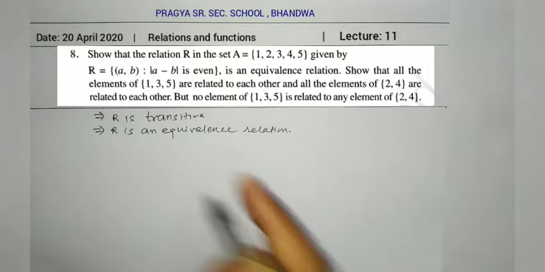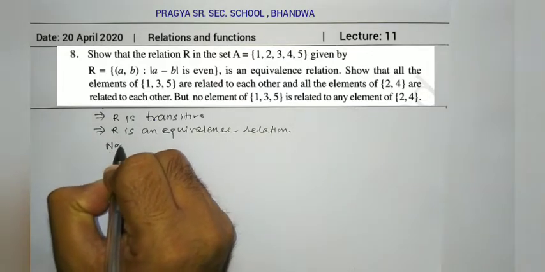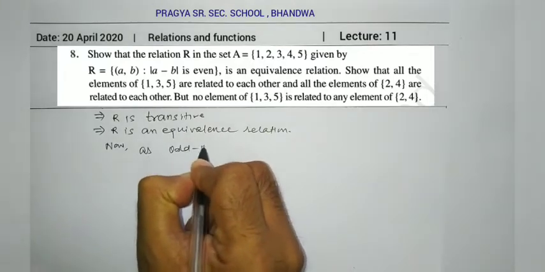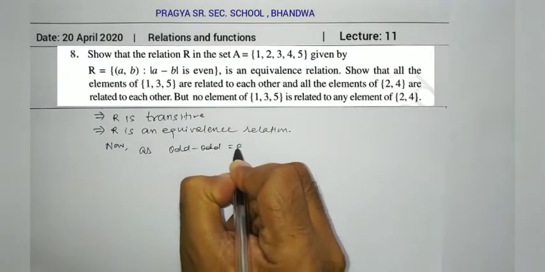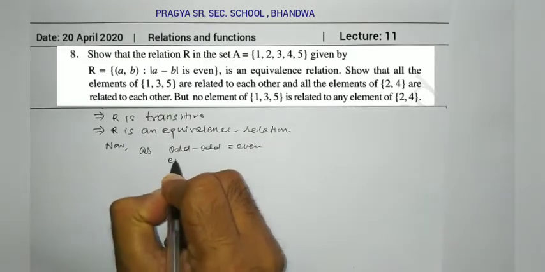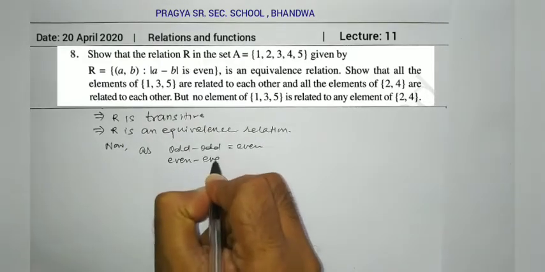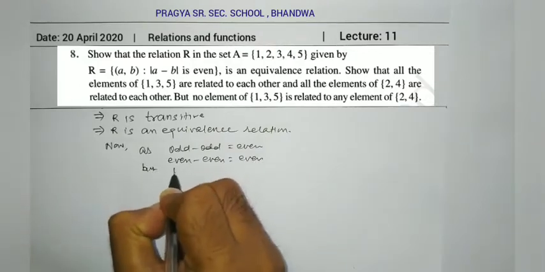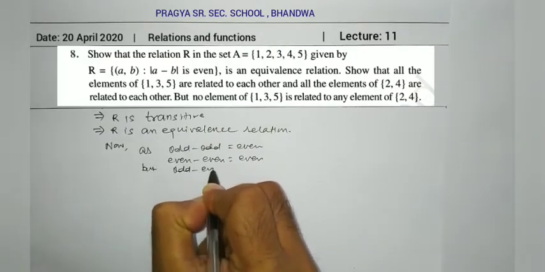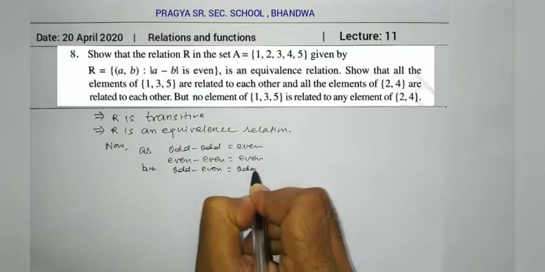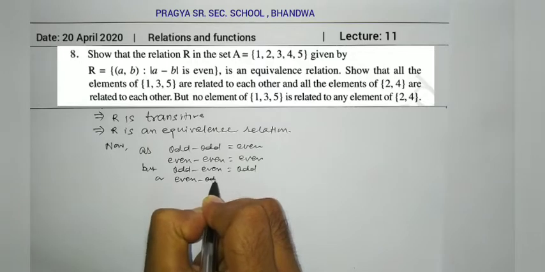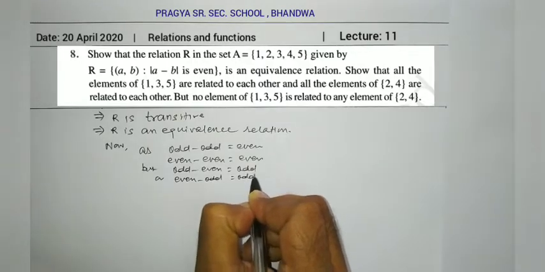See, now you will write: odd minus odd is even, even minus even is even, but odd minus even is odd, or even minus odd is odd.